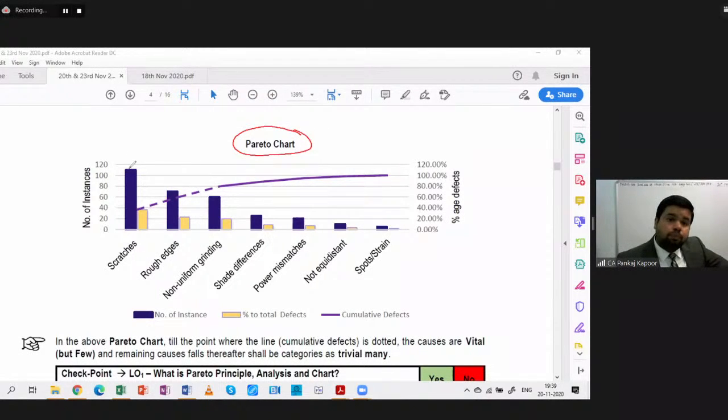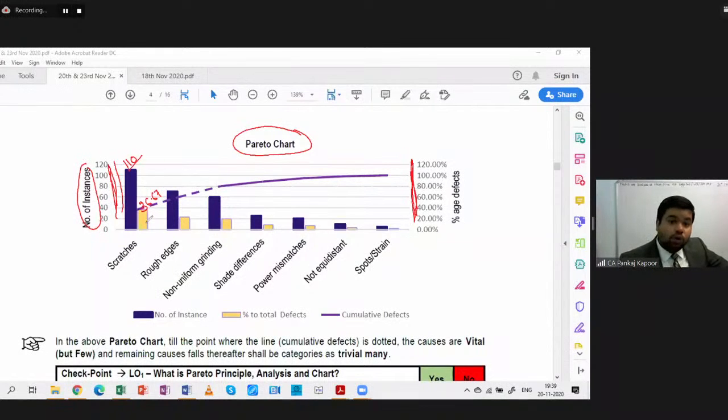The first problem is what? Scratches. The number of instances of the scratches was 110. And what percentage does it represent? 36.67%. So the bar in the purple color represents the number of instances given on the y-axis, this side. Whereas on this side, the percentage of defects is given.